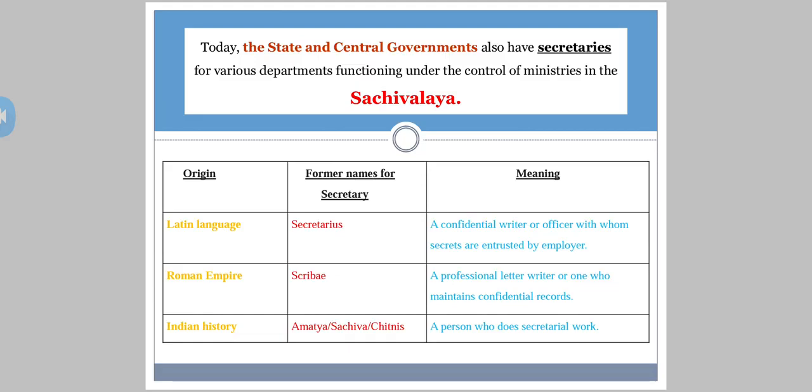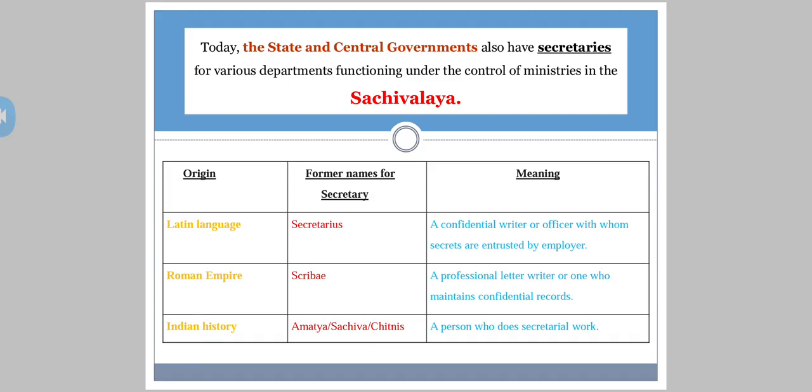Secrets are entrusted by the employer means the secrets are handed over to the person by the employer. If I say I am an employer and I have appointed someone, that means I have handed over certain private or personal information, the secrets of the business, entrusted to the other person.